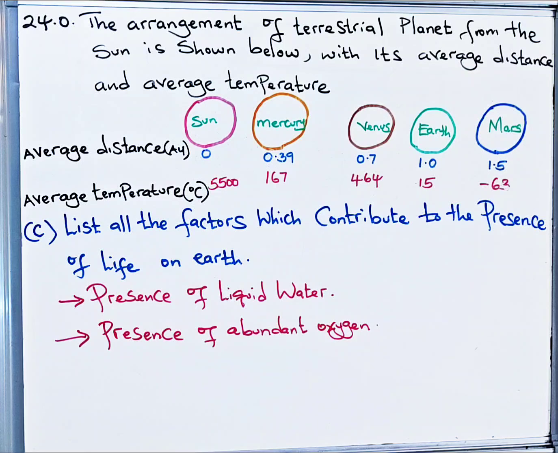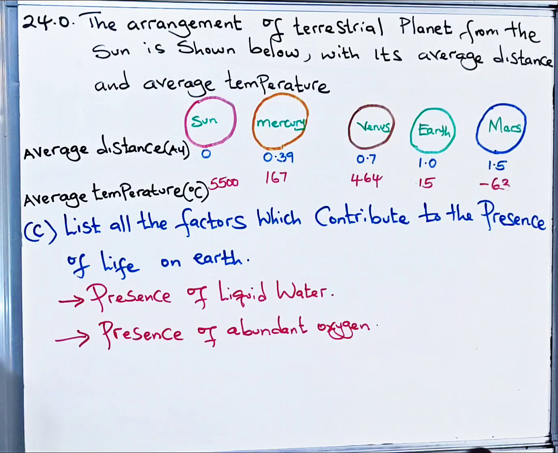It's oxygen which unlocks the energy stored in the food for us to be able to use it for our own benefit. The process is called oxidation. So, in other words, presence of oxygen is a key factor.